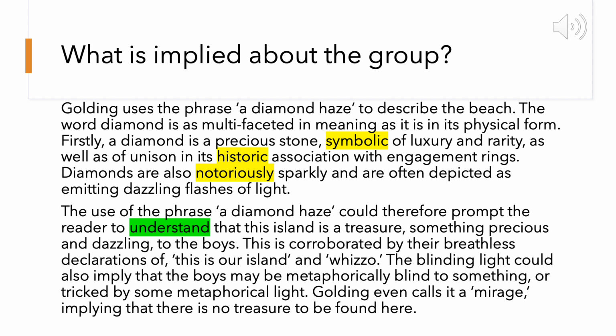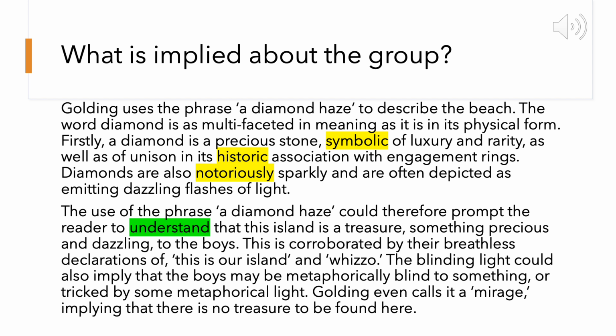So I've got quite a lot of layers in that second paragraph, but what I've basically said is I think Golding used the phrase diamond to help us understand that this island is dazzling in that same way. It's associated with those flashes of light, with that bright metaphorical promise of something special.